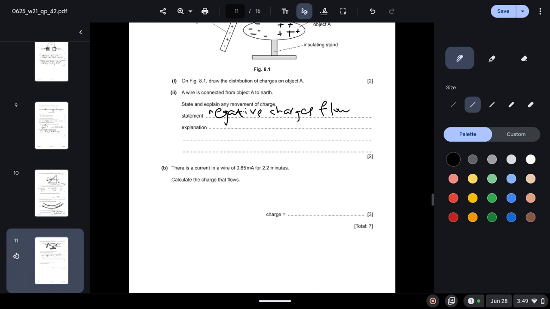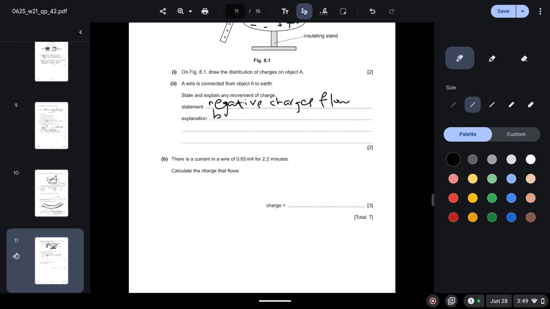And why is that? It is because electrons flow to balance excess of positive charge on the object. So the explanation is that in order to balance excess positive charge on the object.